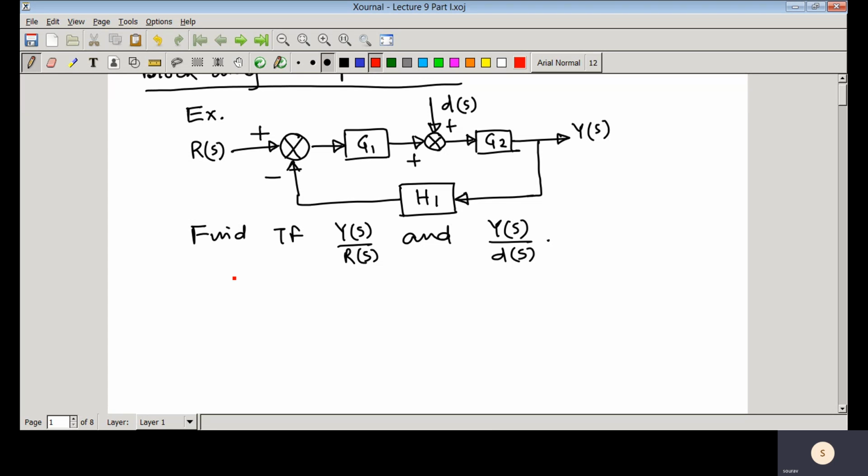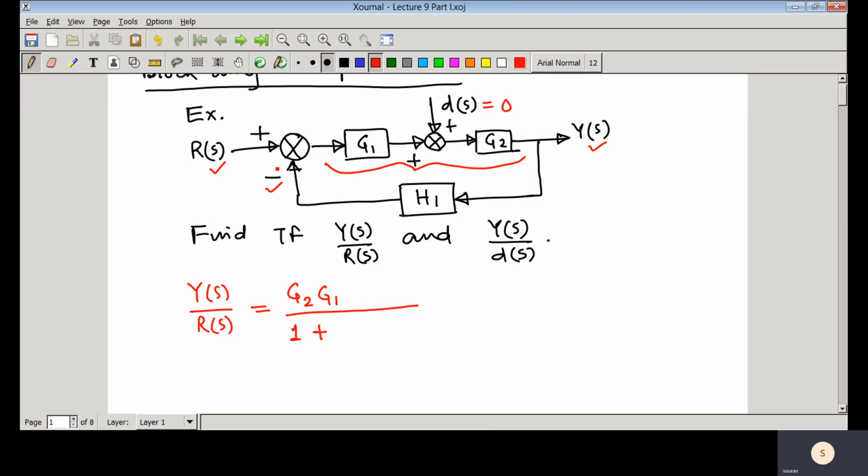Suppose that is Y(s) by R(s). When we are finding Y(s) by R(s), we assume that D(s) equal to 0. Then you can see here that R(s) is here and Y(s) is here. So this is actually that forward path. The forward path transfer function is G2 G1, and as the feedback is negative, that would be 1 plus.